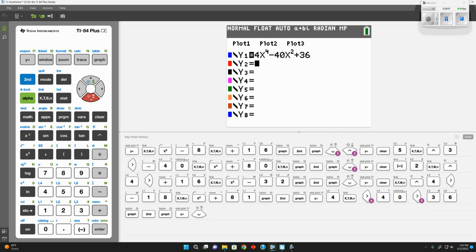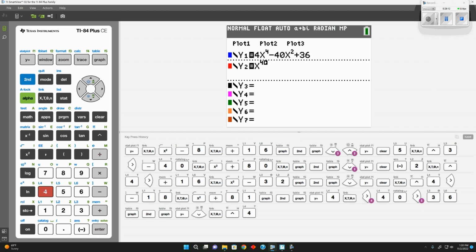If I divided it out of each term, we would have just x to the 4th minus 10x squared plus 9, yes? Now, I will say this will change almost all of the points on the graph, except for 4. There's 4 points that aren't going to change.